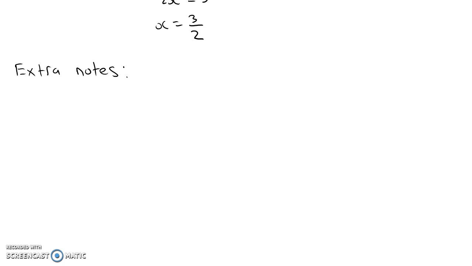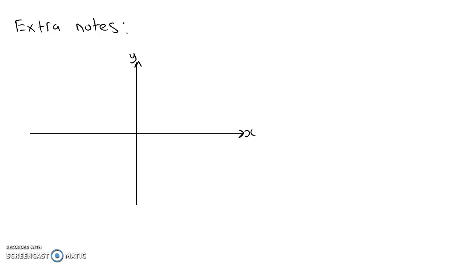So what I'm going to do is I'll draw up a Cartesian plane and just go through the different types of gradients. So a line with a positive gradient will always be running this way. So this is positive. A line with a negative gradient, as we saw in that previous question, will always be running this way.